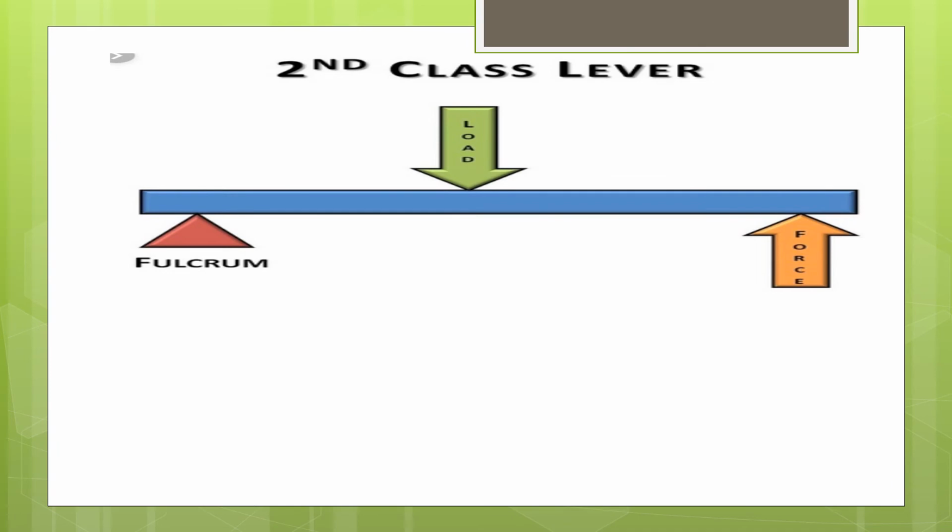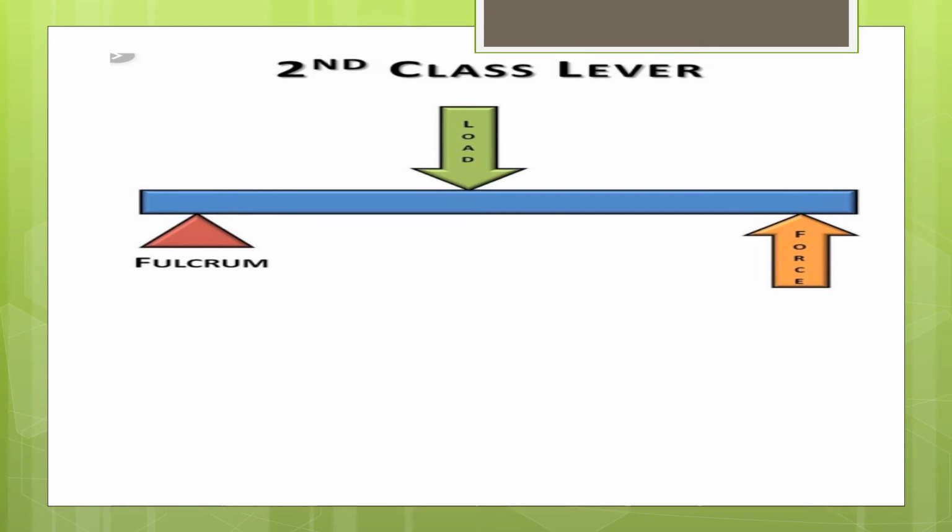What's meant by second class lever? Who can remember? Yes, second-class levers are a type of levers in which the resistance force lies between the fulcrum and the effort force.